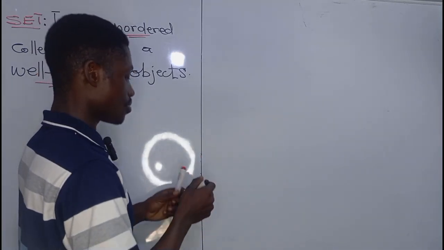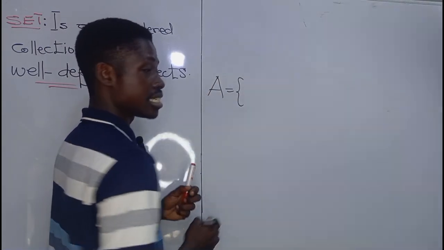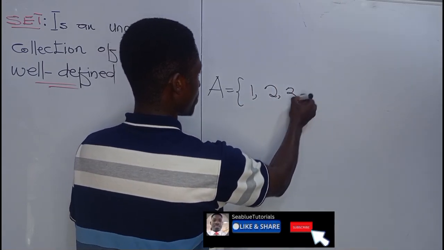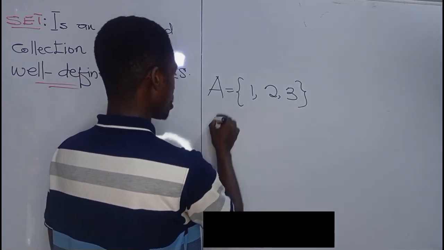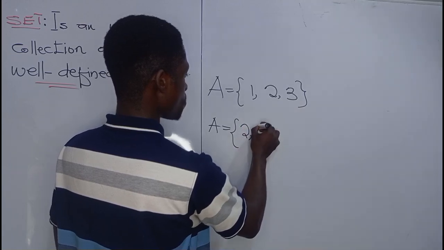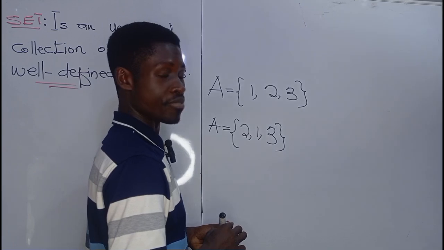So when you have, let's say, set A, which contains the elements 1, 2, and then 3, someone can also decide to write this set as 2, 1, and then 3 to suit his or her preference.